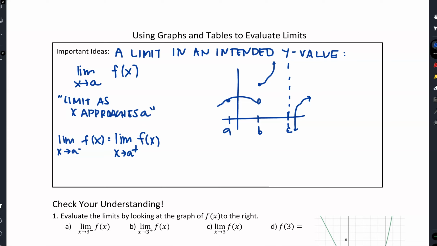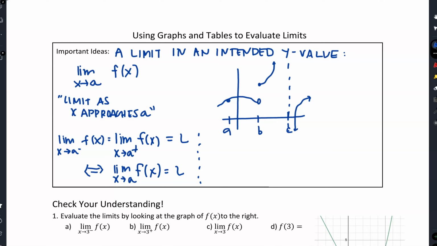So that means that the limit as x approaches A is going to be that L value. So let's put an L right there. Most of the time our L is going to be a finite number, so something that we can count. But we also have infinite limits as well. But most of the time it'll just be a finite number.